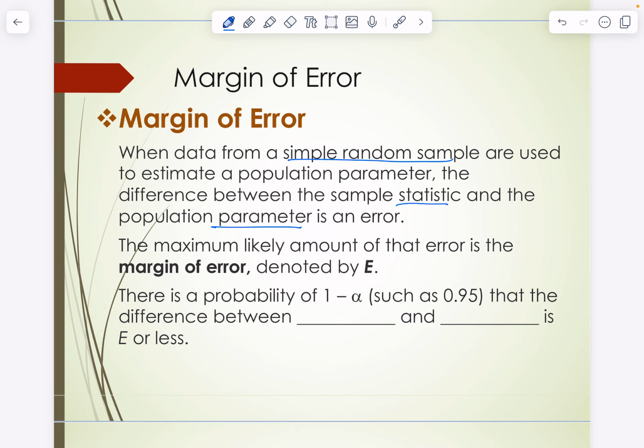We denote that by E. There is a probability of 1 minus alpha, such as 0.95, that the difference between the statistic and parameter is E or less. That's what we're trying to achieve. This is pretty much a definition for E.